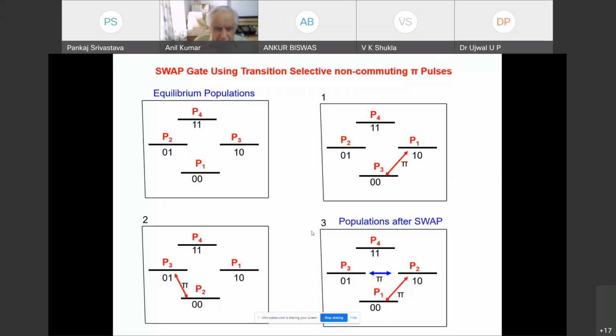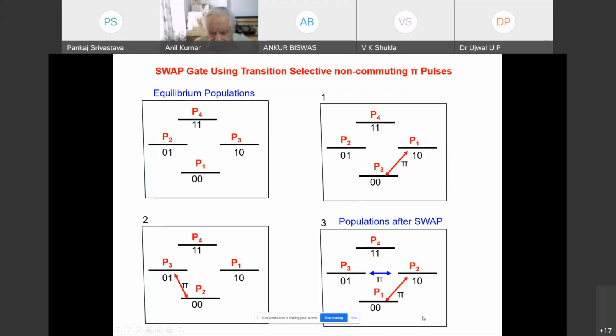Swap gate. Oh, I already showed you, but here it is. Pi pulse here, so it interchanges. So it's P1, P2, P3, P4. I interchange P3, P1. Then I interchange P3, P2. That's P3 has come here. And then back this.